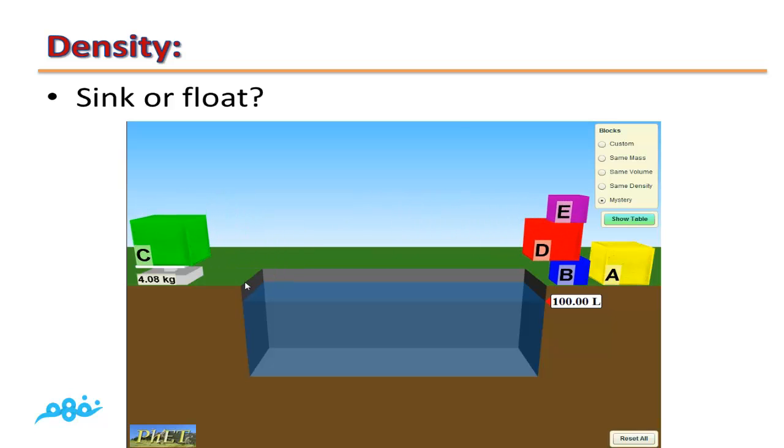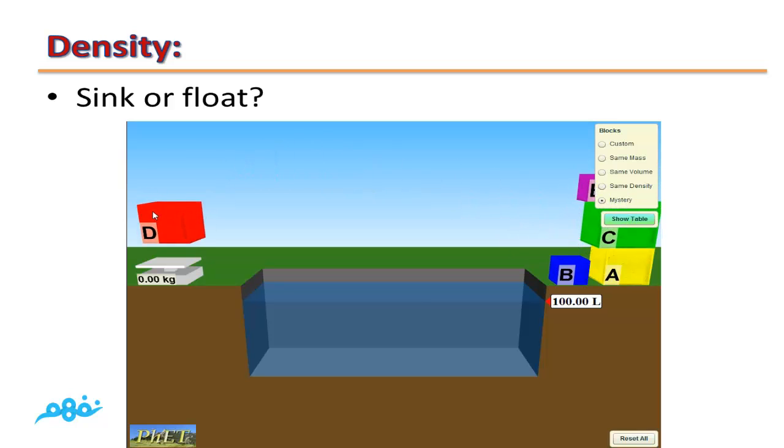Its mass is 4.8 and its volume is 5.83. So its density is less than 1, so it will float, as you can see. What about D? Its mass is 3.10.